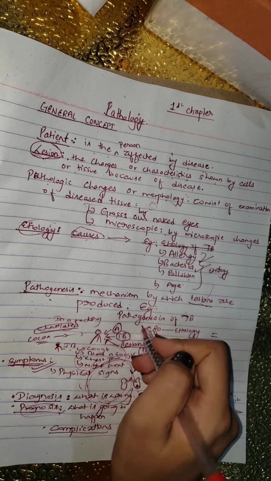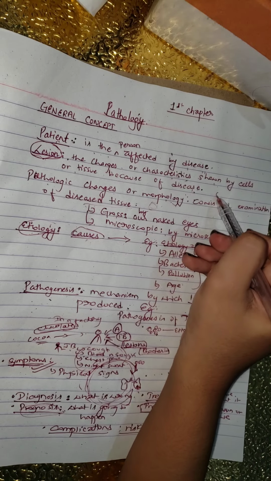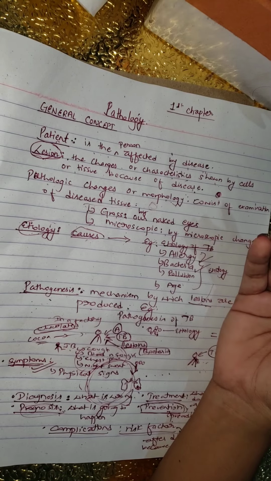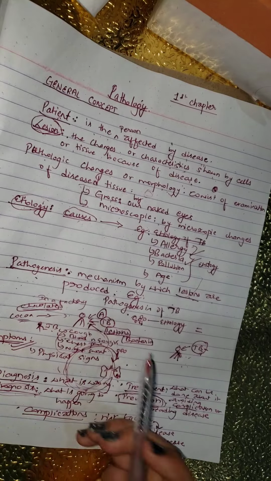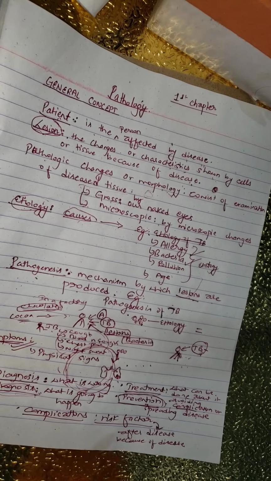Like that, to become a diseased tissue, the tissue has to go through certain steps, step by step, and that is called pathogenesis.